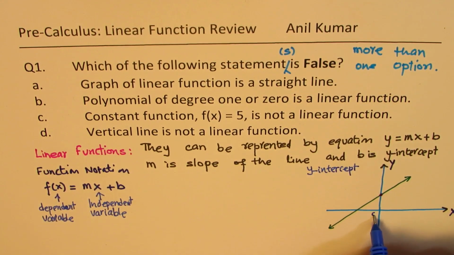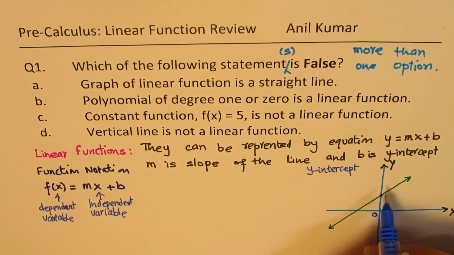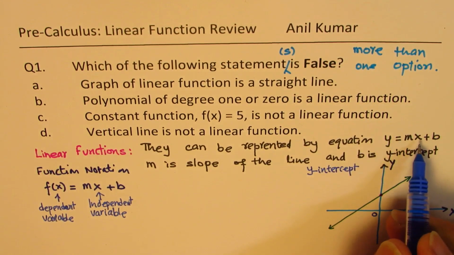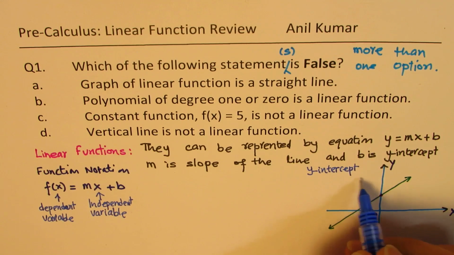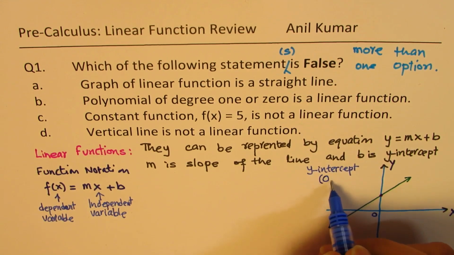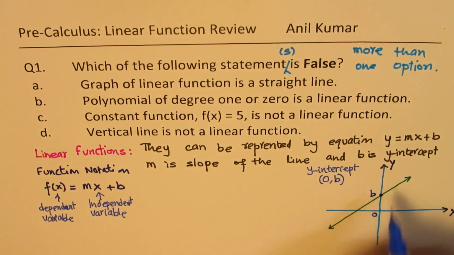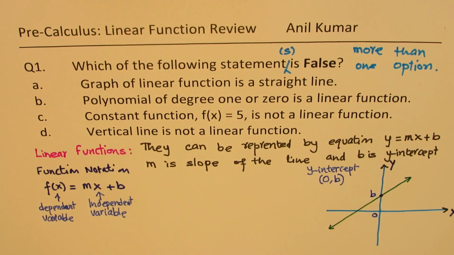Here the x value is 0, so the y value will be b with reference to the given equation. So the y-intercept will be 0 for x and b for y. So this point is b. Is that clear to you?